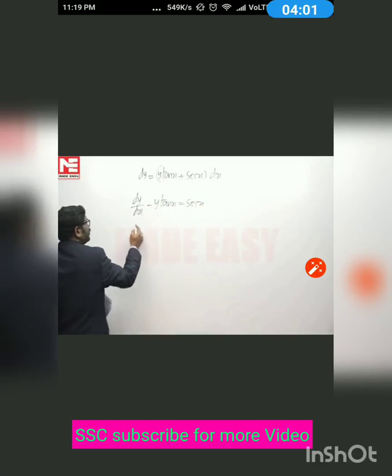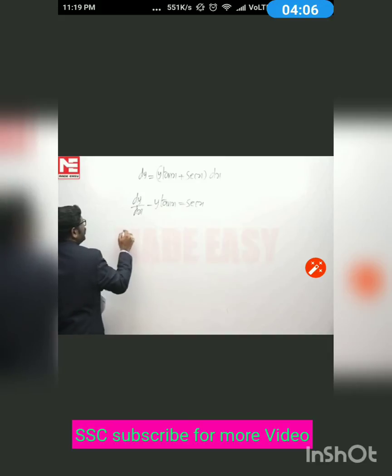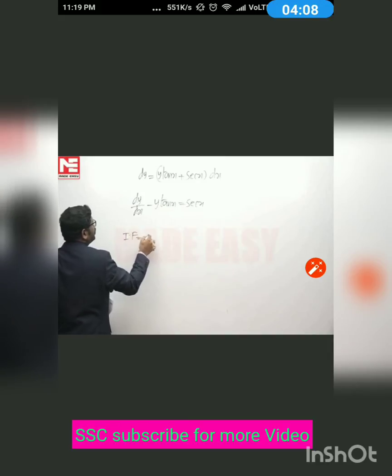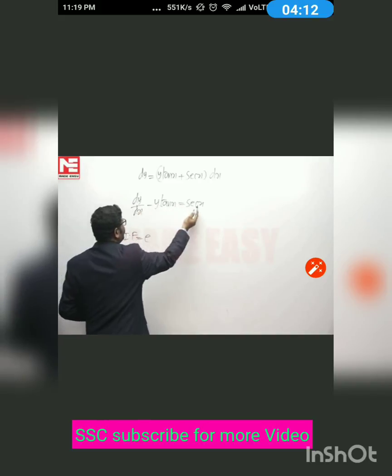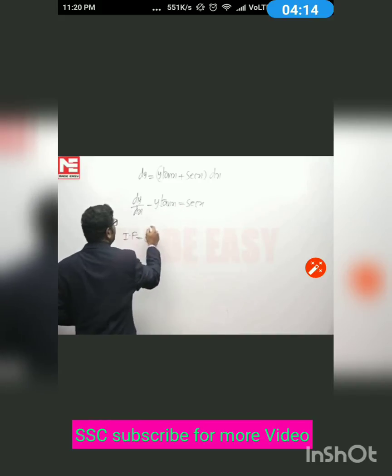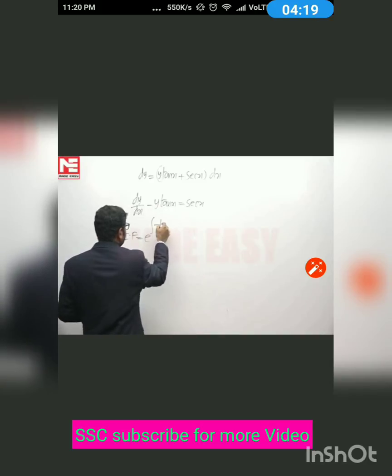It is in the linear form dy by dx plus Py equals Q. Now the integrating factor is e to the power integral P dx, so e to the power integral of minus tan x dx.